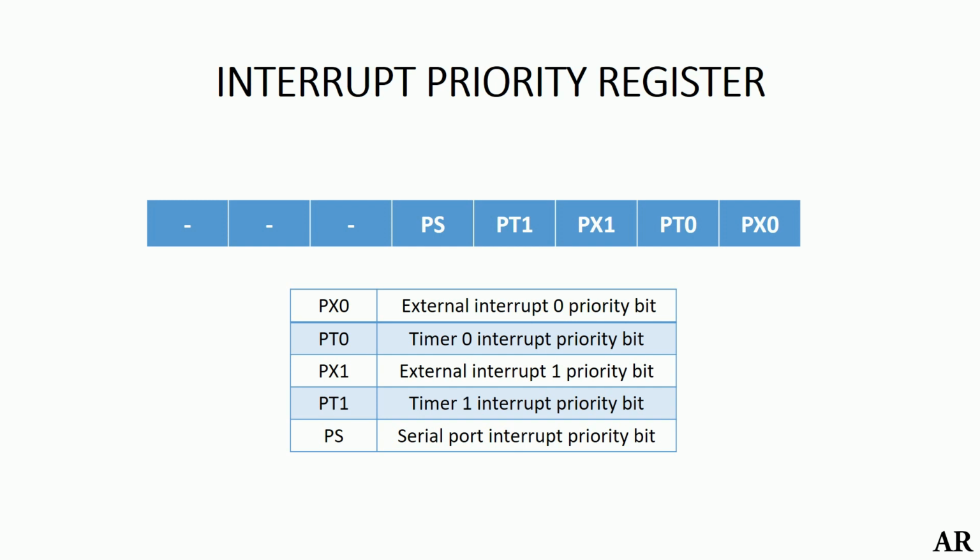When we want to assign any specific interrupt as high priority, we set it to 1. So if I want PT1 to have the highest priority, then PT1 is assigned 1. And if you want to assign any specific interrupt a low priority, you give it a 0 bit. So if I want to make PX1 the least priority, I will give PX1 as 0.